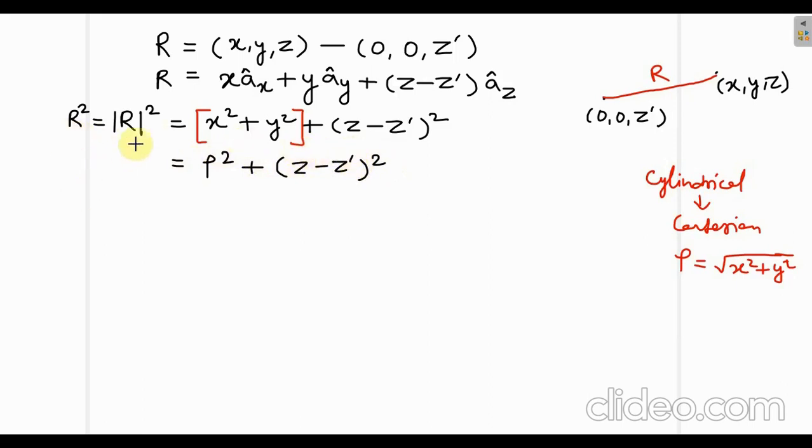Okay. Now what will be the AR? Suppose AR is the unit vector in the direction of this R. So AR is the unit vector in the direction of R, and AR upon this R square.